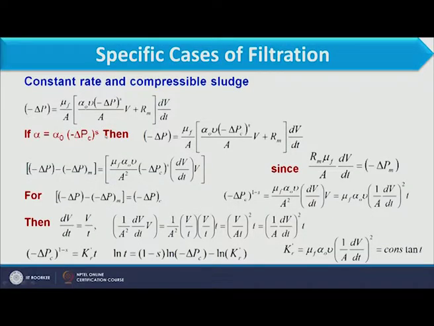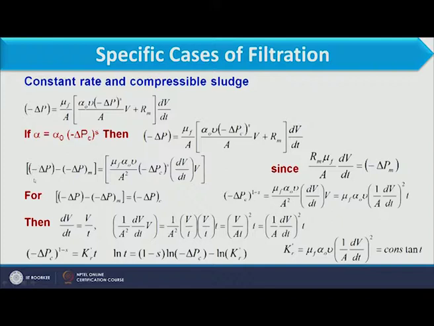Now once we define alpha like this, then in the pressure drop expression we replace the alpha value over here. And when we elaborate this particular expression, this Rm dV by dt mu f by A is nothing but the pressure drop of media. If we club all these parameters, it will be nothing but pressure drop across the media.